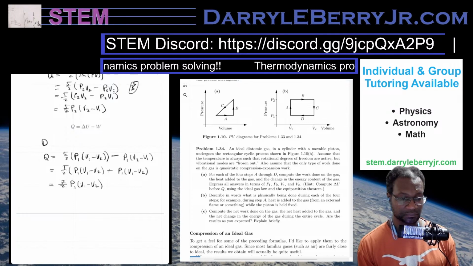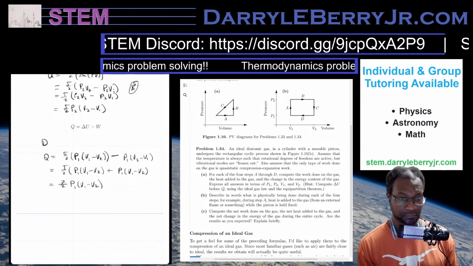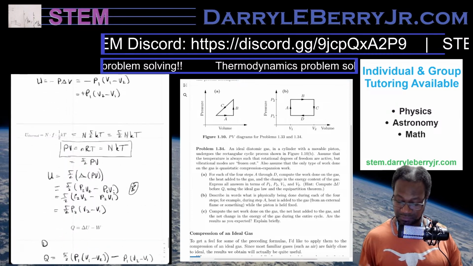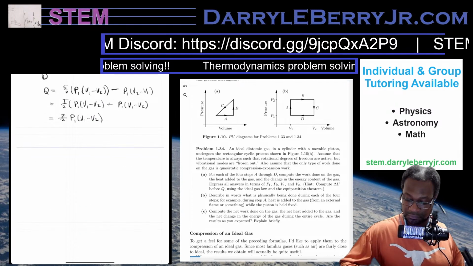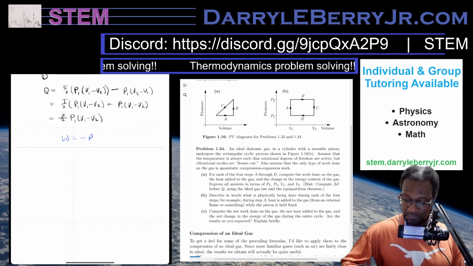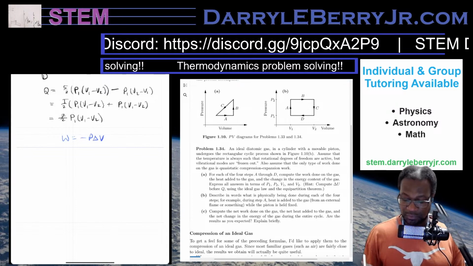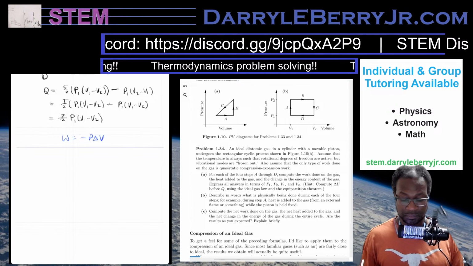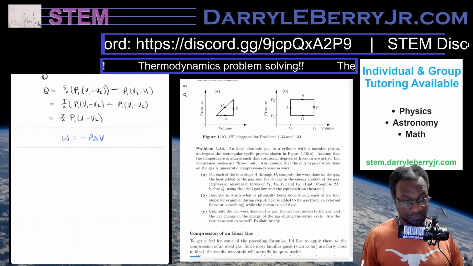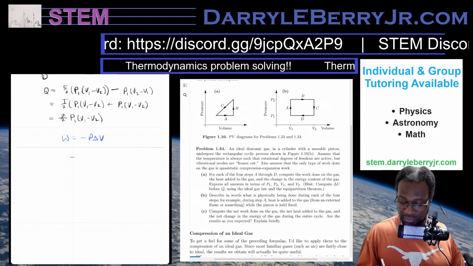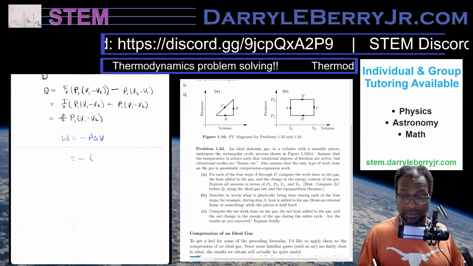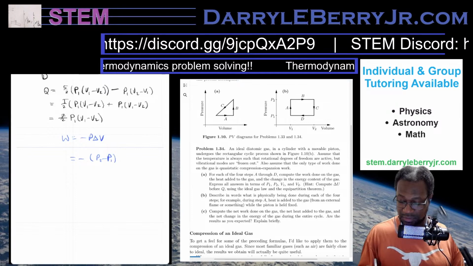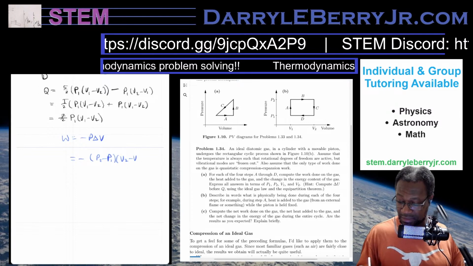The net change, the work equals negative P change in V. It's negative (P2 minus P1) times (V2 minus V1).